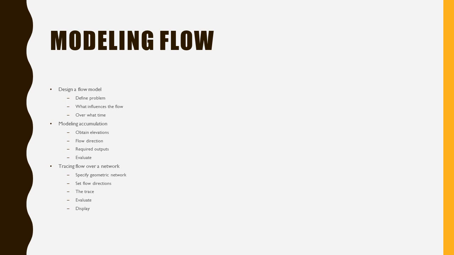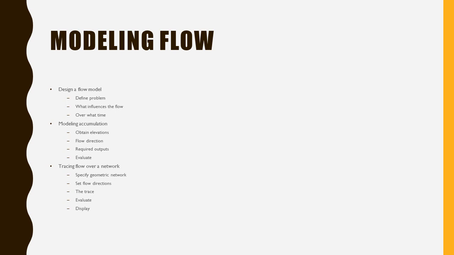We talk about modeling flow. There's really sort of three things that go into it. You have to design a flow model, which means you have to know what the problem is, and you have to understand what influences flow, and you have to figure out or understand over what sort of time we're talking about. Once you do this, you can begin to model accumulation, and you do this by obtaining elevations, figuring out flow directions, and other required outputs that you're going to get from that, and ultimately evaluating how flow accumulates across your surface.